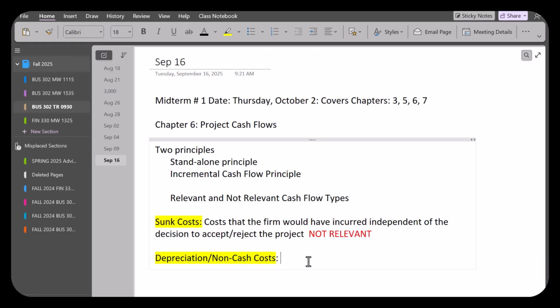Okay, now let's think about the incremental cash flow principle. If your project has, let's say, $10 million in additional depreciation, does that affect the cash flow to the firm? And if so, how? What happens when you increase the depreciation?